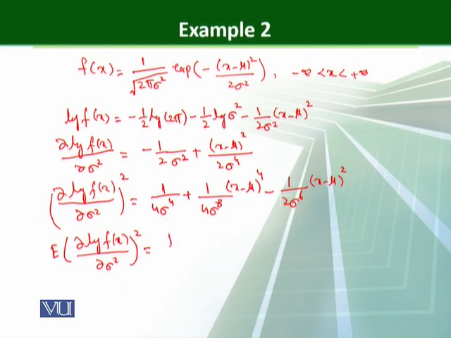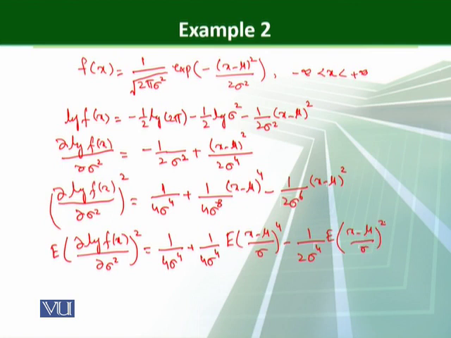The constant will remain as it is, that is 1 over 4 sigma raised to power 4, plus we can write this as 1 over 4 sigma raised to power 4 into the expected value of ((x minus mu) over sigma) raised to power 4, minus, we can write this as 1 over 2 sigma raised to power 4 into the expected value of ((x minus mu) over sigma) whole square. Now we have to find the expected values of these two. So how do we proceed for this one?